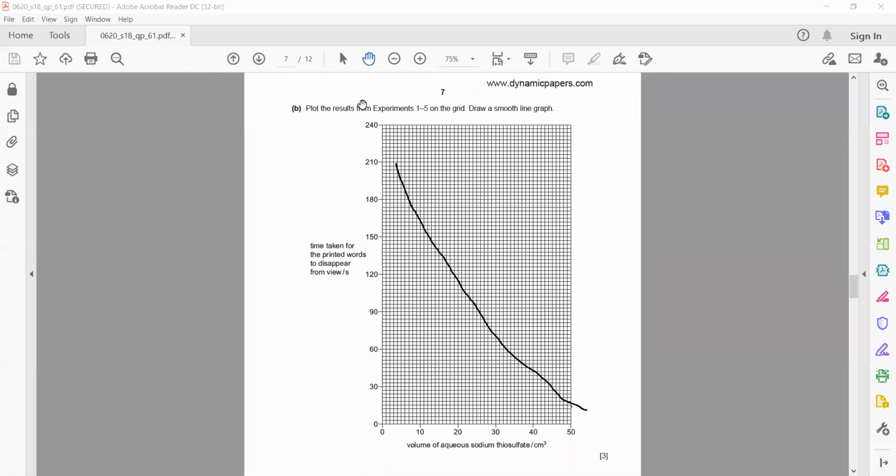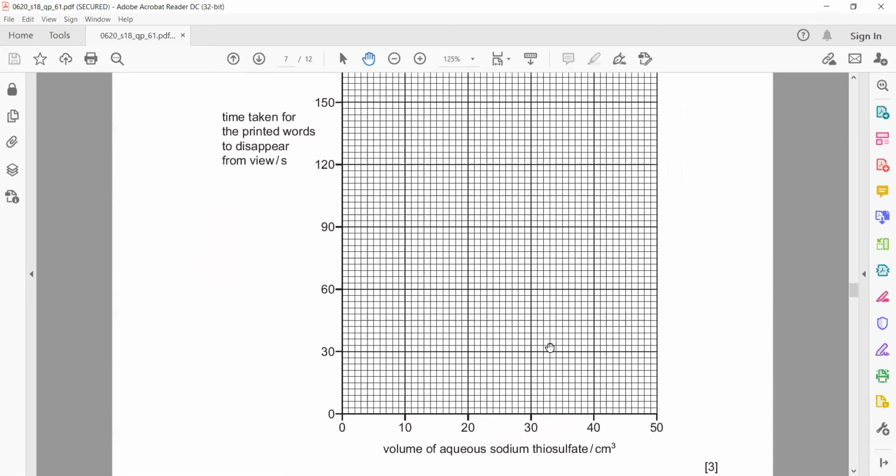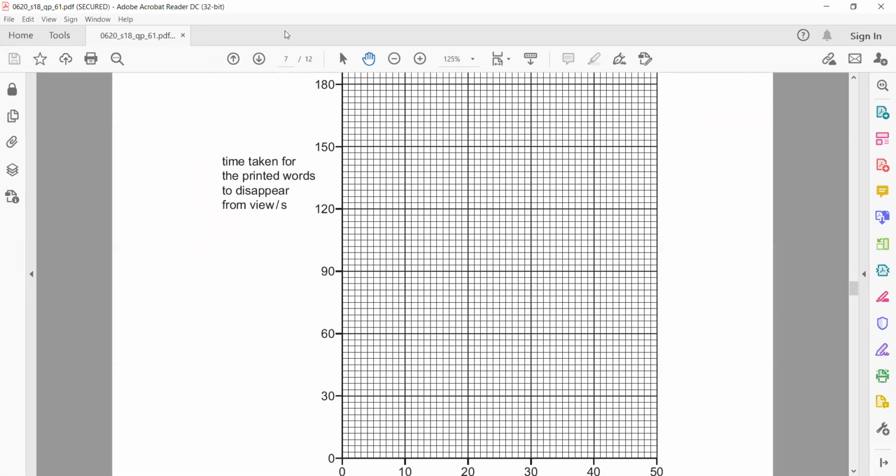Using your graph, you have to show clearly. It will take a longer time, so on your graph you draw a line and find out accordingly. But keep in mind you have to show this working as it is mentioned here: from your graph, deduce the time and show clearly on your grid how you work it out. So draw a line from 20 on the original graph and work out how much time it will take.